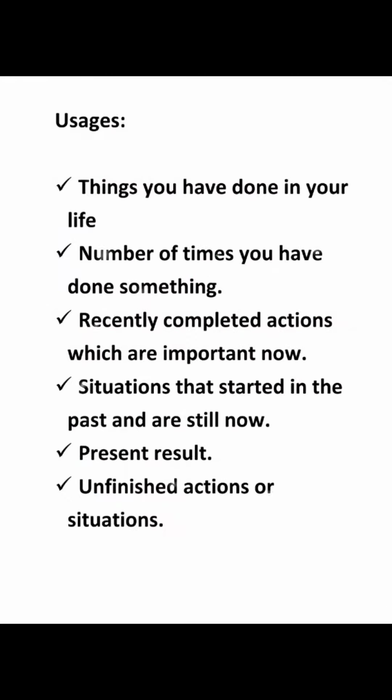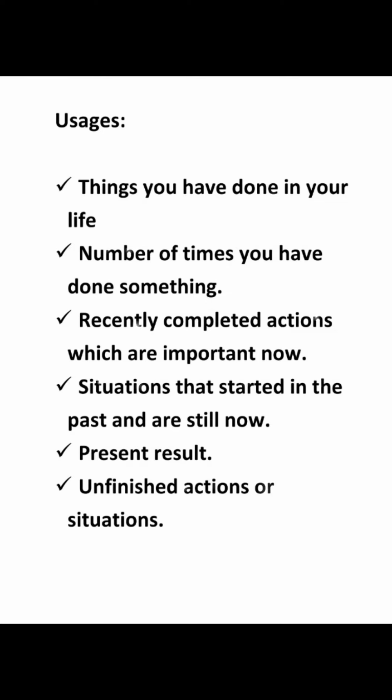We see the usages. Things you have done in your life. Number of times you have done something. Recently completed actions which are important now. Situations that started in the past and are still now. Present result.